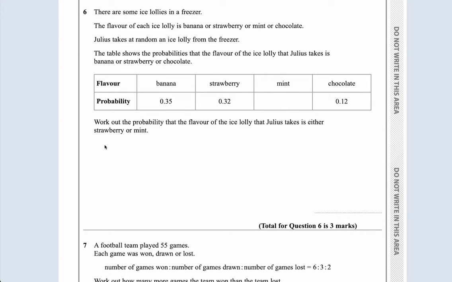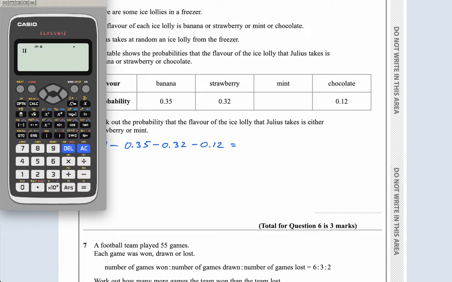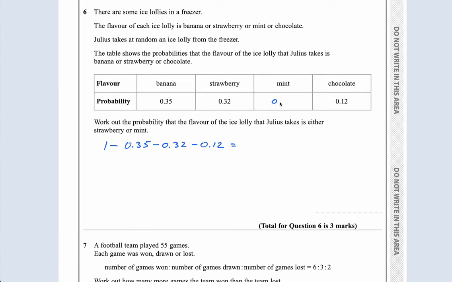So to find the probability it's mint, I need to do 1 minus all of these, because the total probability must be 1. So I'll do 1 minus 0.35 minus 0.32 minus 0.12, which gives me 21 over 100, or 0.21.